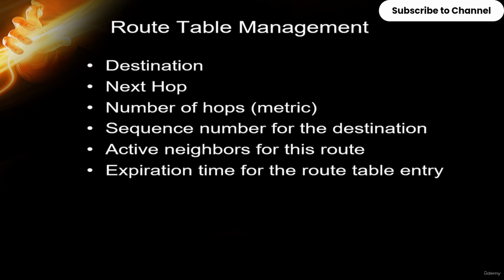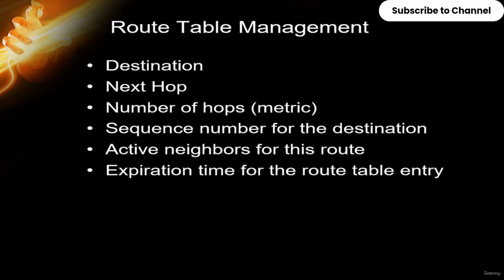In each routing table entry, the address of the active neighbors through which packets for a given destination are received is also maintained. A route entry is considered active if it is used by an active neighbor. A mobile node maintains a route table entry for each destination of interest.